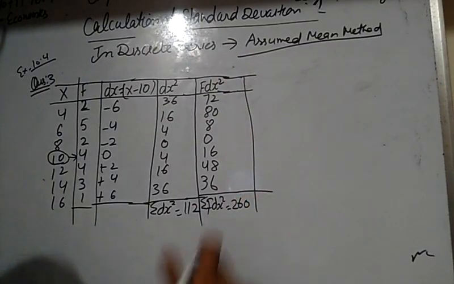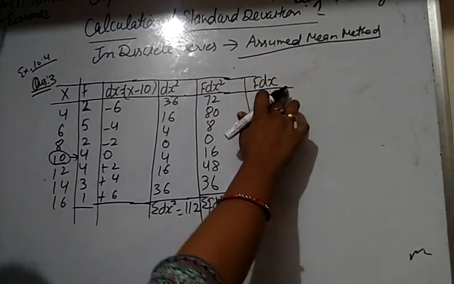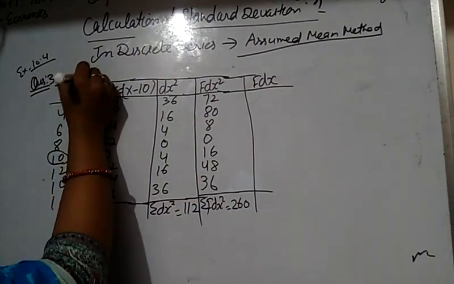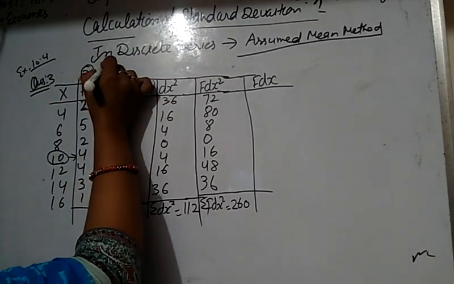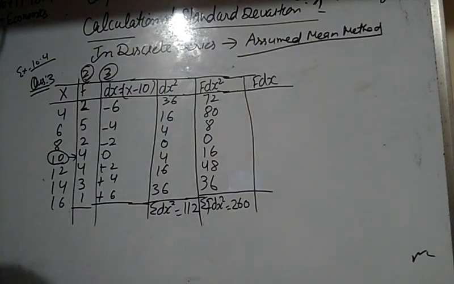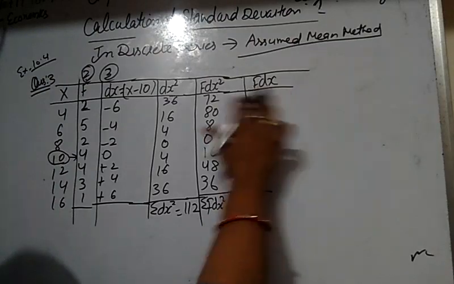Next is f dx. So the first column is f, the second column is f, the third column is dx. Now we multiply the second and third columns to get f dx.